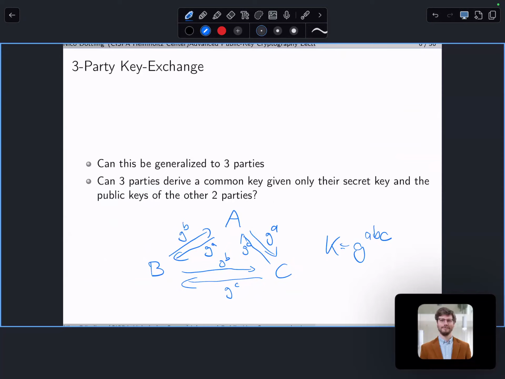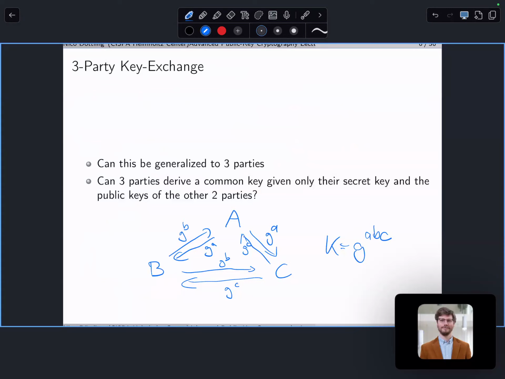What if we have Alice, Bob, and Charlie? If there's not just two of them who want to agree on a key, think about this as a graph. Two-party non-interactive key exchange allows us to ad hoc establish a key between every edge in a graph.